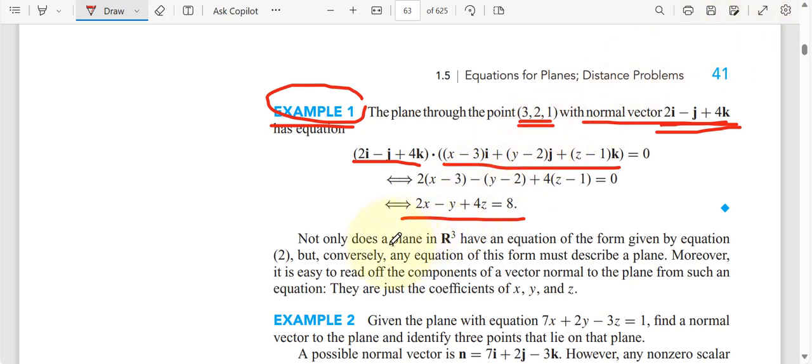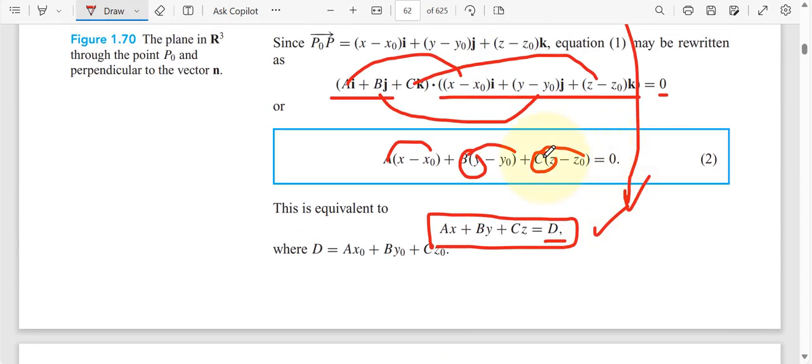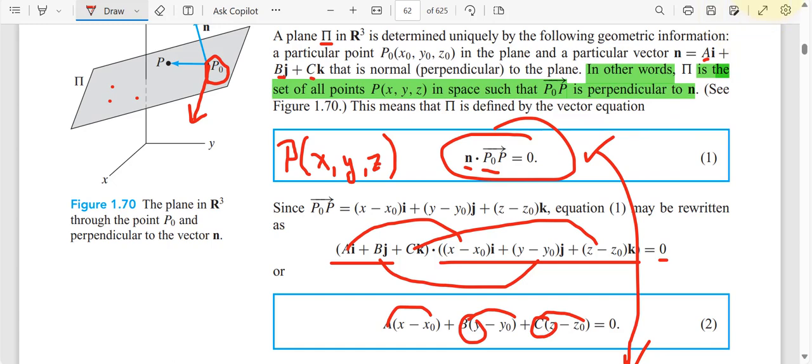So I say not only does a plane in R3 have the equation of the form given by 2, in other words, given by this, but anything given by this will be a plane. So this can be called the general form for the equation of a plane, but so can this.